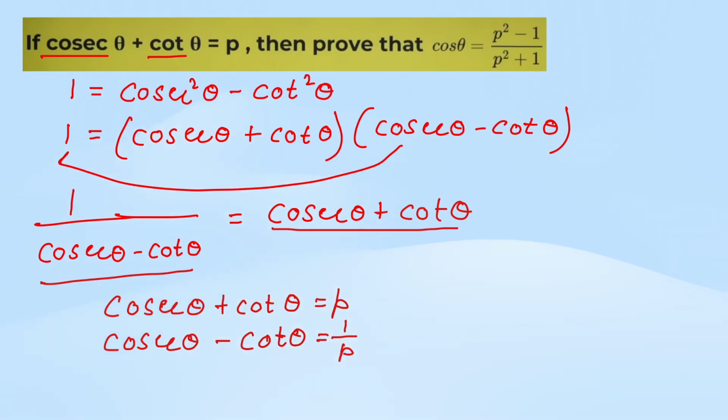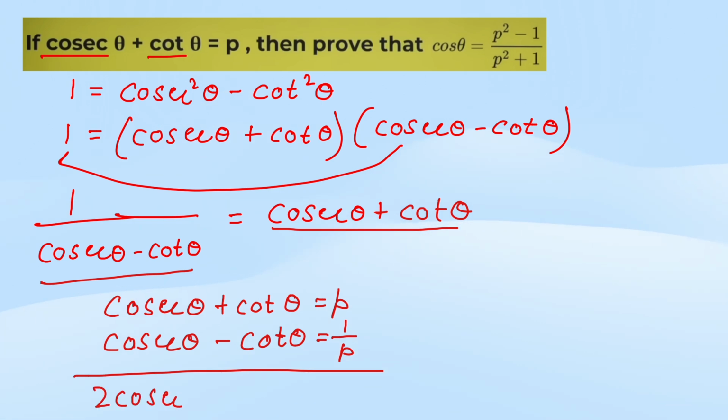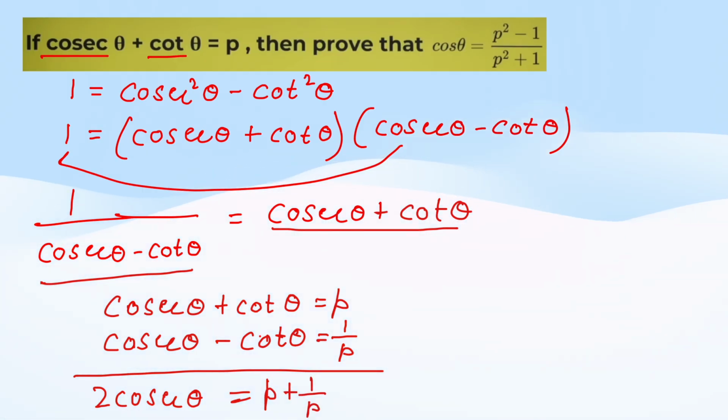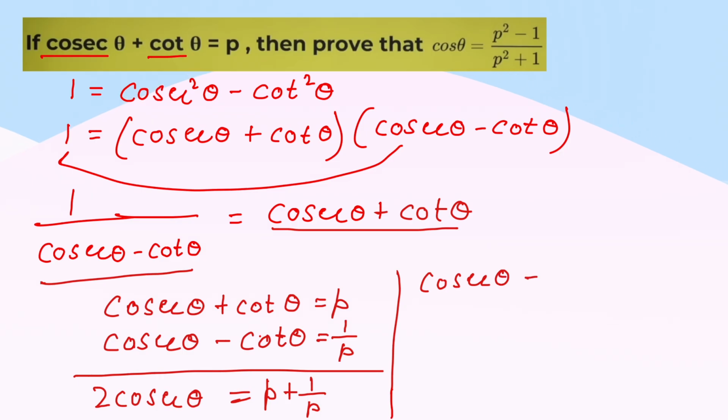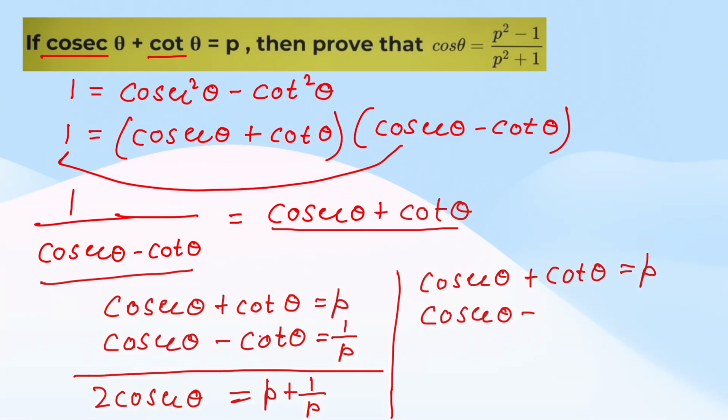See, if I add them, what am I getting? Cosec plus cosec will be 2 cosec theta, and cot and minus cot cancel out each other. It will be p plus 1 by p. Similarly, if we subtract them, cosec theta plus cot theta equals p, and cosec theta minus cot theta equals 1 by p.